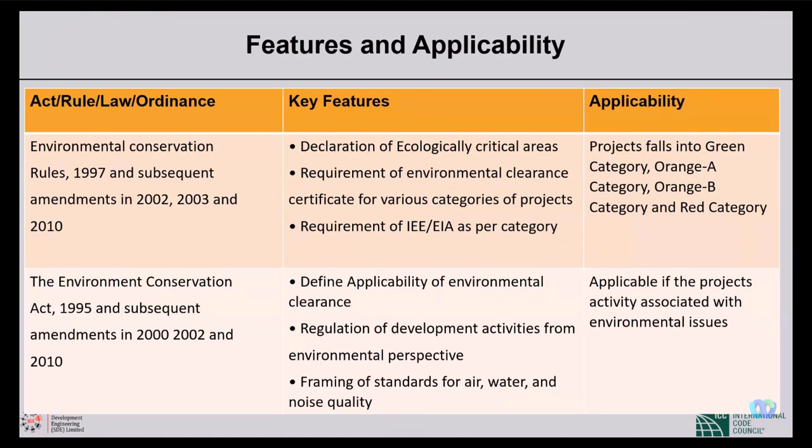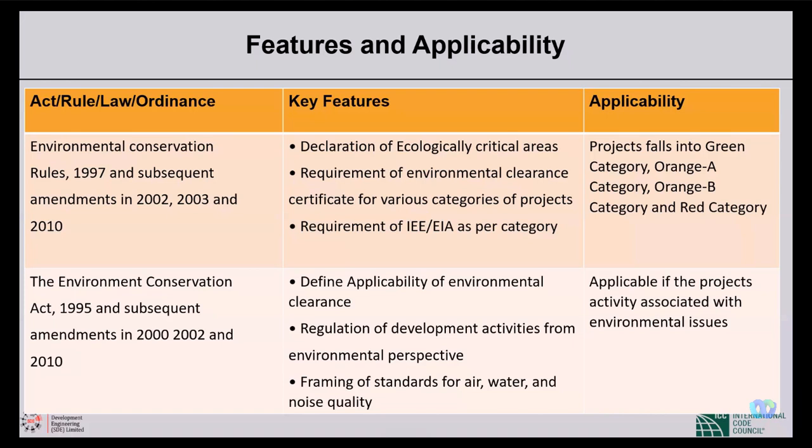Now, the features and applicability of that rule. Environmental Act, law, ordinance, key features, applicability: Environmental Conservation Rules 1997, subsequent amendments in 2002, 2003, and 2010, declaration of Ecologically Critical Areas, requirements of environmental clearance certificate for various categories of projects, requirements of IEE and EIA as per category.